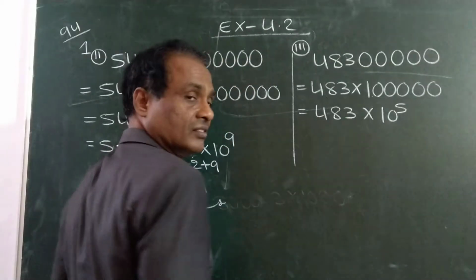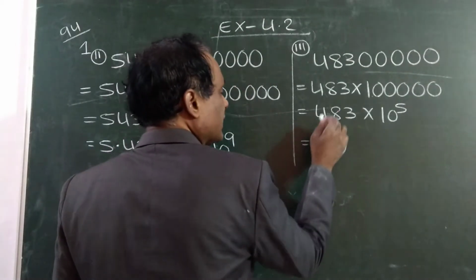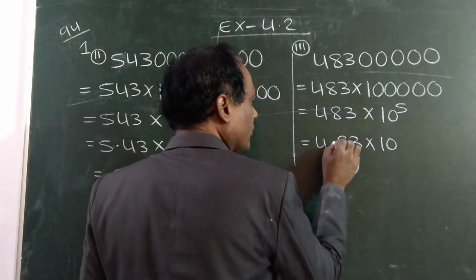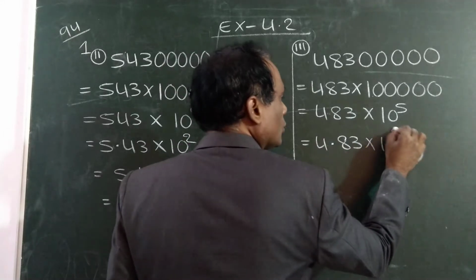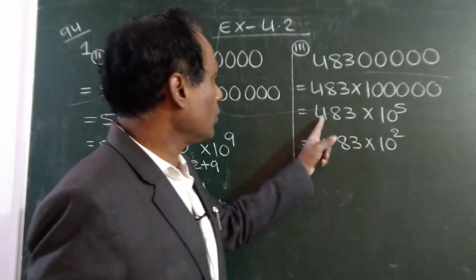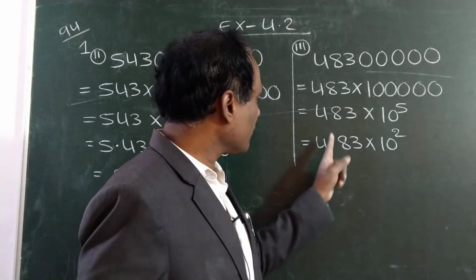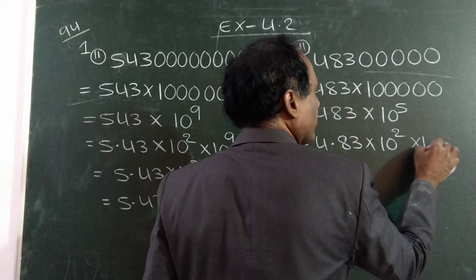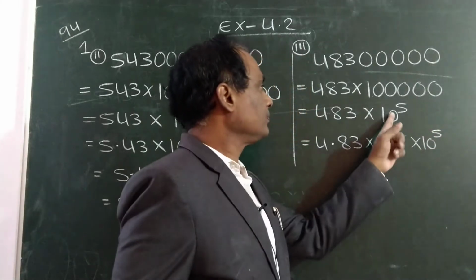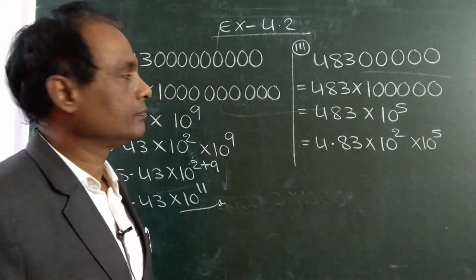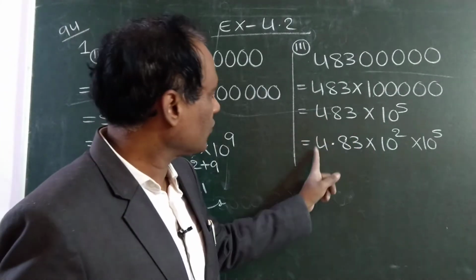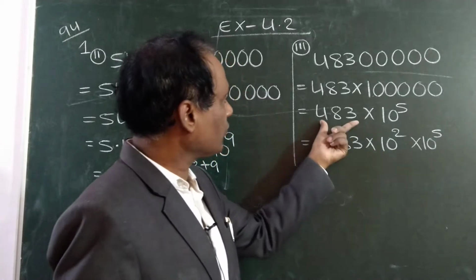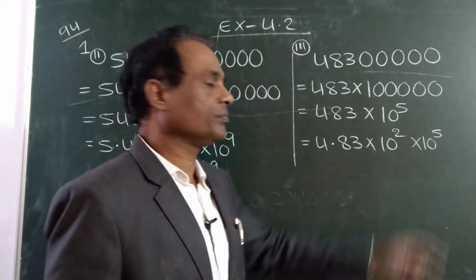The decimal is here. So to get the decimal here, 4.83 into 10 to the power of 2, since after the decimal there are 2 digits. 483 is 4.83 into 10 power 2, so that the total is 483 only. And 5 is the same.